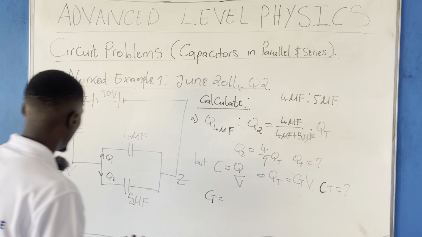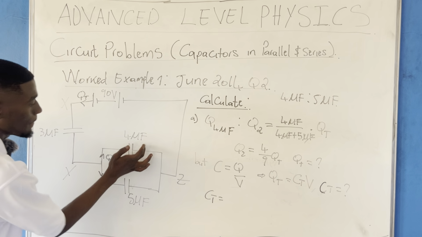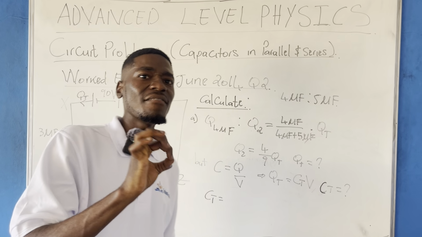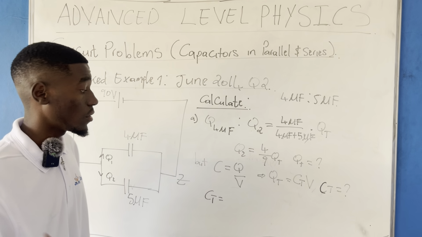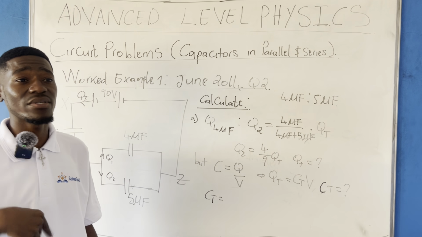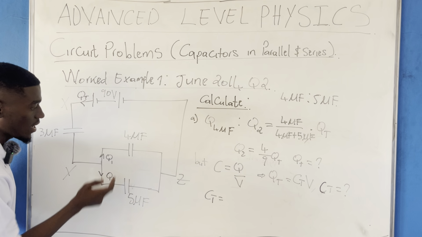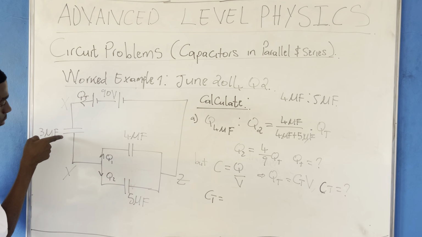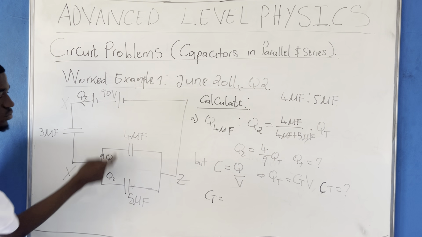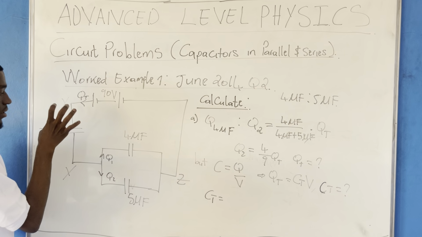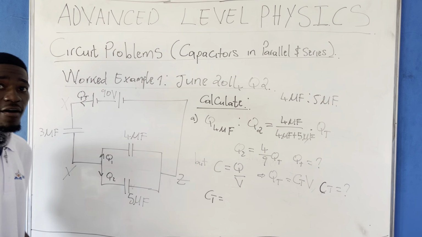In order for us to calculate C total, we identify these two are in parallel. Remember, when we have parallel connection of capacitors, it's the same as series connection of resistors. So I will find the equivalent here, then I will do a series connection with this one. So these two are in parallel and the equivalent will be in series with the 3 microfarad.